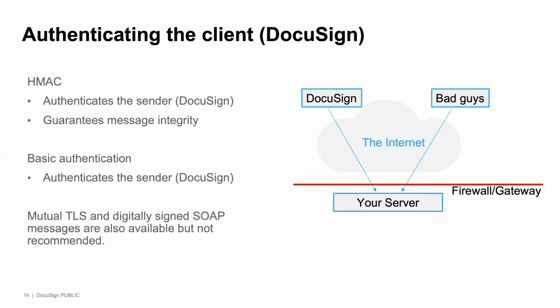The first one to mention, and the most important one, is HMAC. You can set up your webhook subscription and include as part of the setup a secret key that you give us, and then we will use it to create an HMAC digital signature that we include with the notification message that we send to your server.